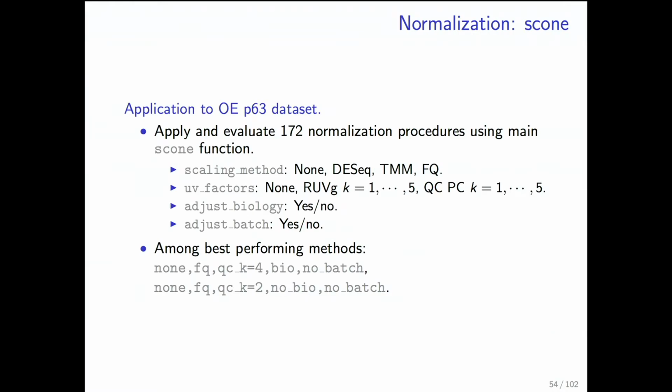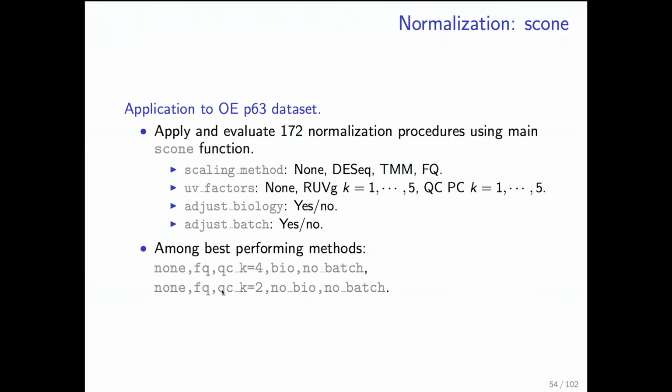We applied scone to the olfactory epithelium data set. In particular, we looked at 172 different methods that involve various combinations of scaling, regression on unknown and known factors of unwanted variation, adjustment for biology, and adjustment for batch. These are two of the best performing methods according to our metrics.